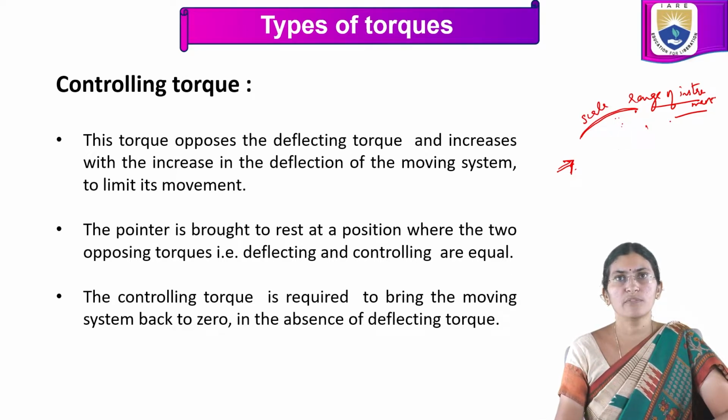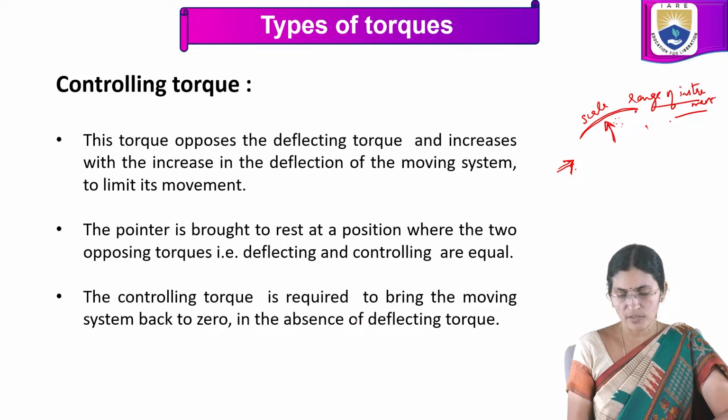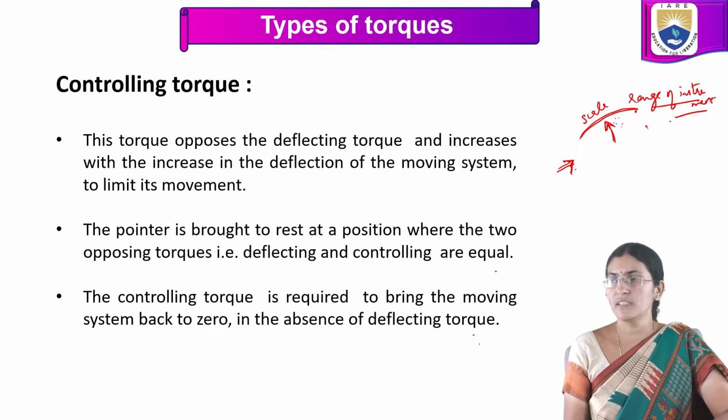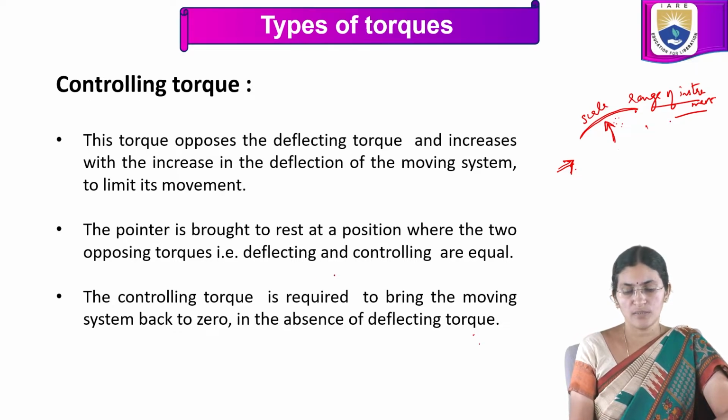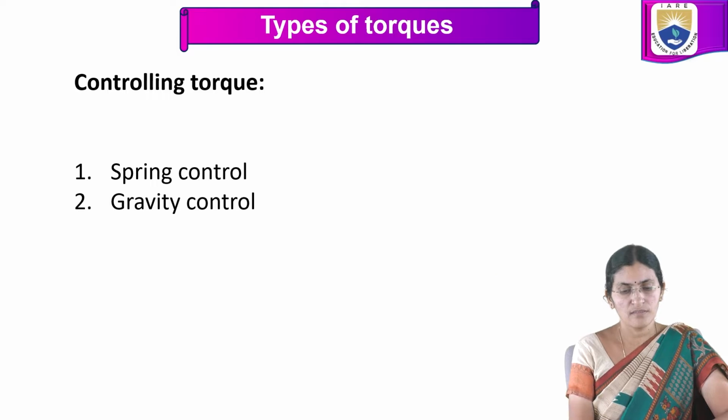The other requirement is that the pointer is brought to rest at a position where the two opposing torques, that is deflecting and controlling torque, are equal. So this is another important property of controlling torque.